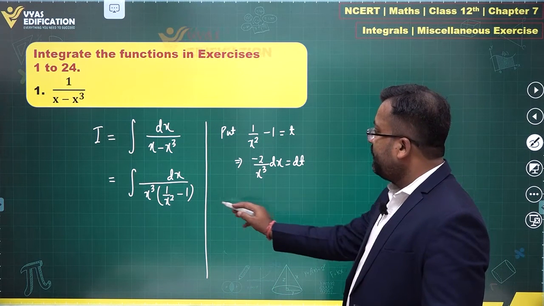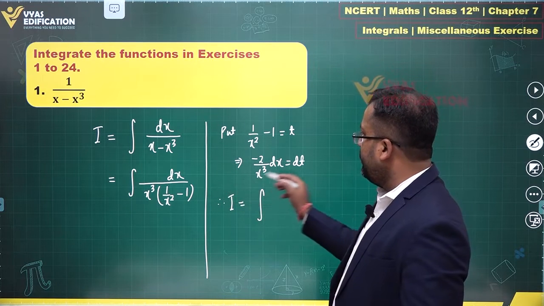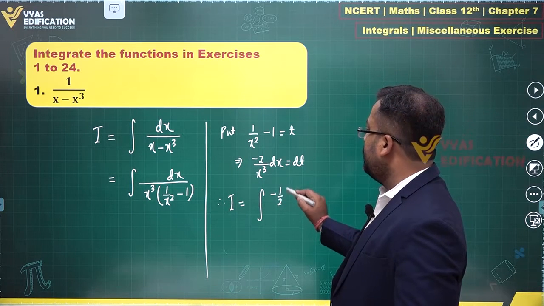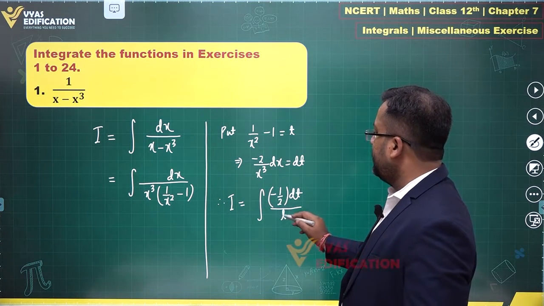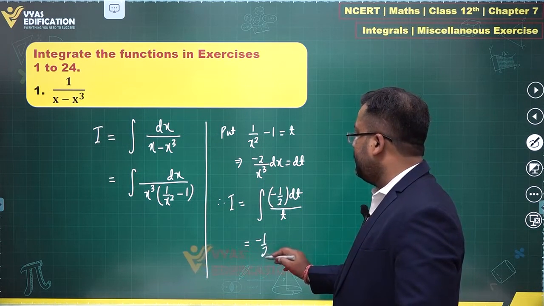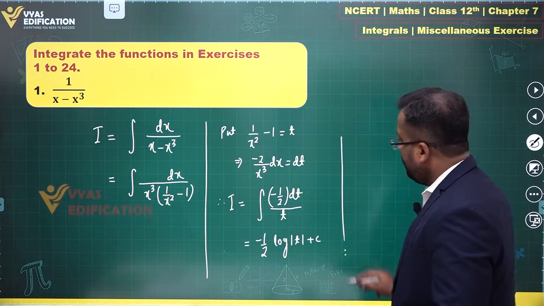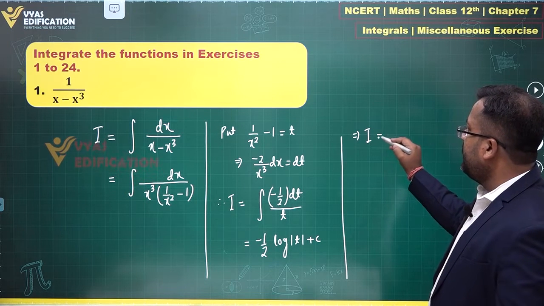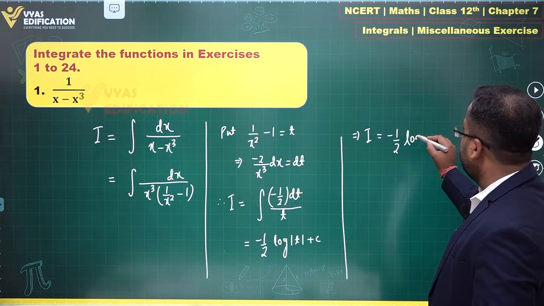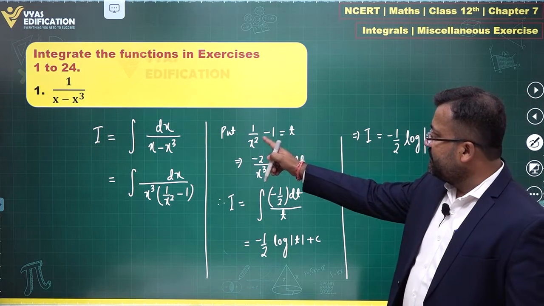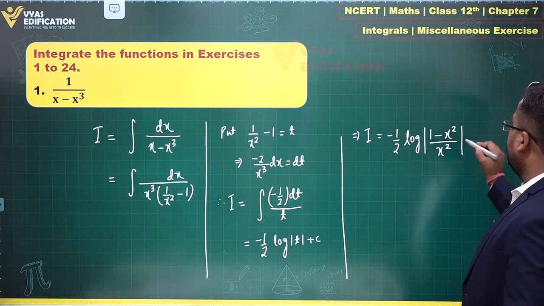Therefore, I will be equal to integral dx upon x cube is minus 1 by 2 dt whole divided by 1 by x square minus 1, which is t. The integral will be minus 1 by 2 log modulus t plus constant. Or you can say that I will be minus 1 by 2 log modulus of t, t is this 1 minus x square upon x square plus constant.